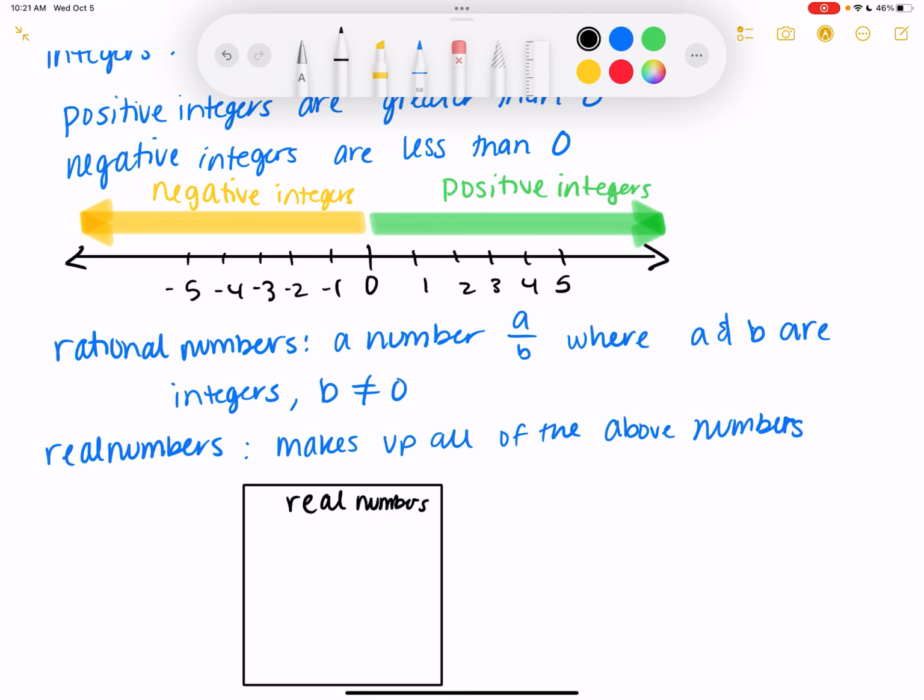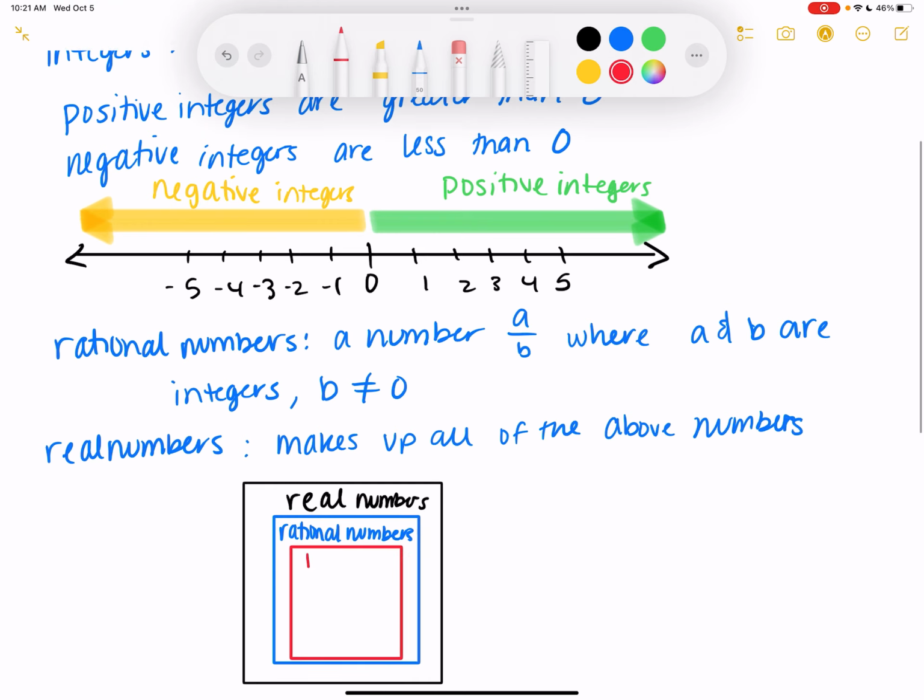Then within that, we have rational numbers. Then in there, we have integers. And then the last one inside is whole numbers.